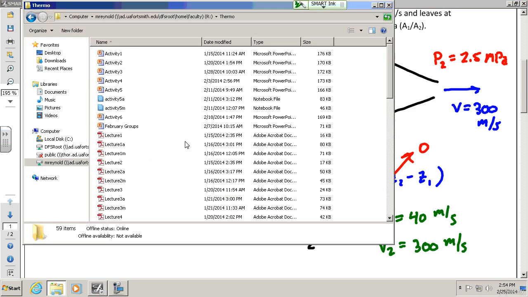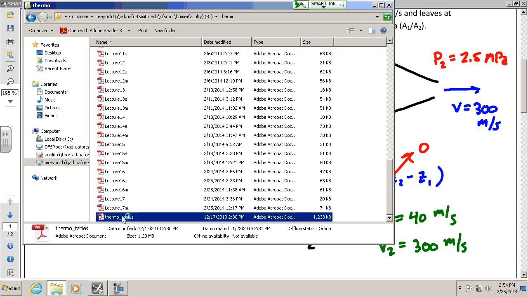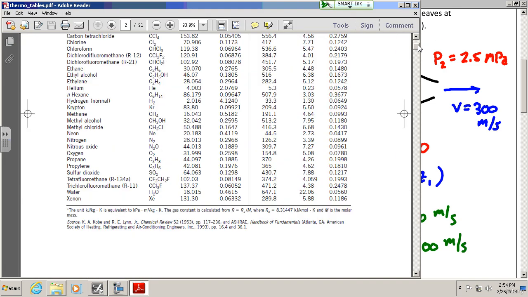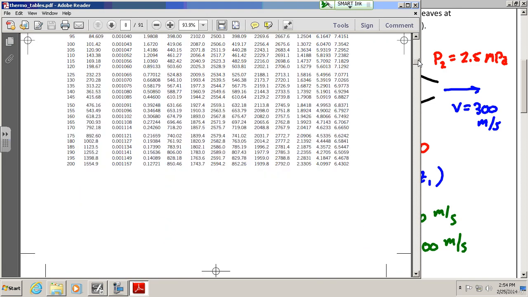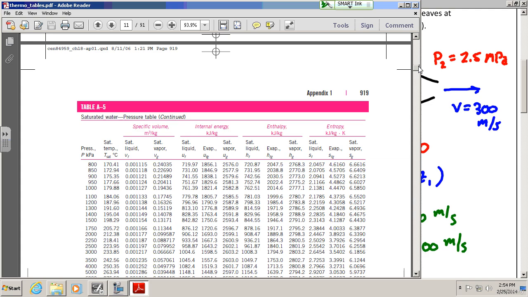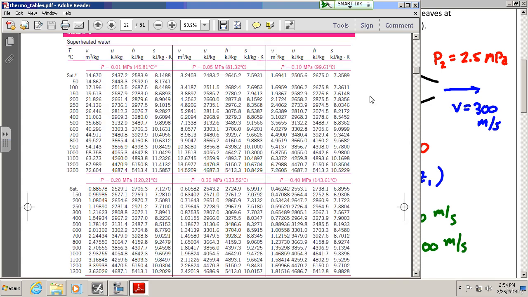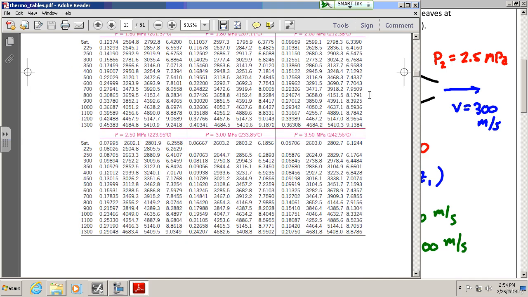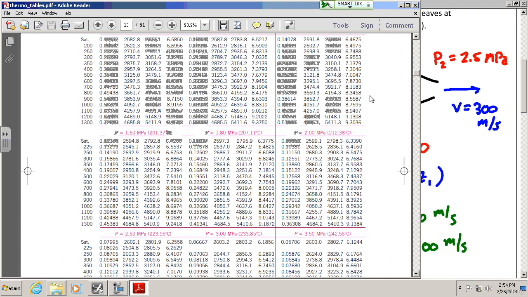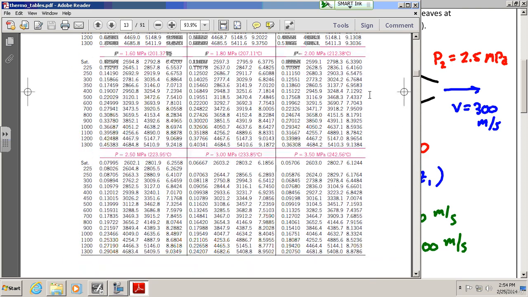I'm going to pull out my thermo table, go to water at 3 megapascals, 400 degrees C. I'm thinking it's superheated, and it is.